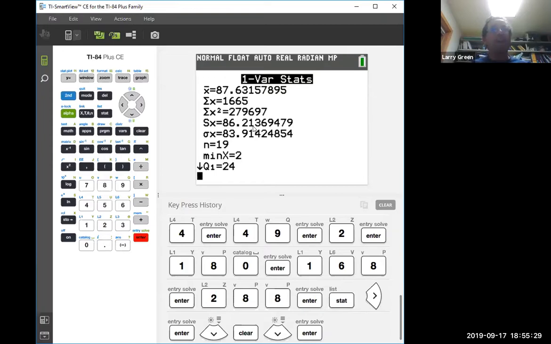So there can't be any low outliers, but we can take 88 and add twice 86. And 88 plus twice 86 is what? It's a big number. 260.